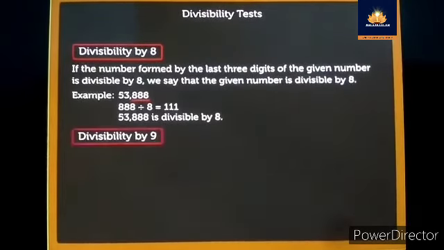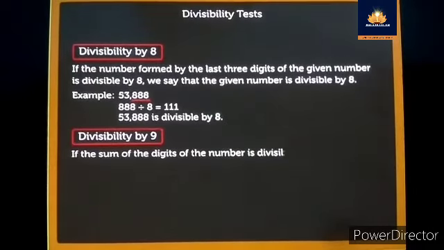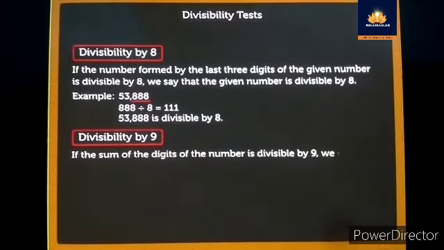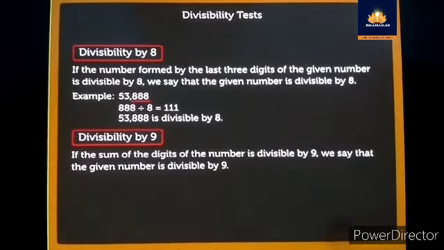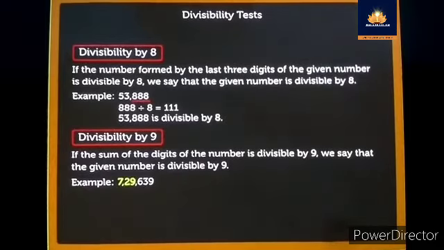Divisibility by 9. If the sum of the digits of the number is divisible by 9, we say that the given number is divisible by 9. For example, 7,29,639.